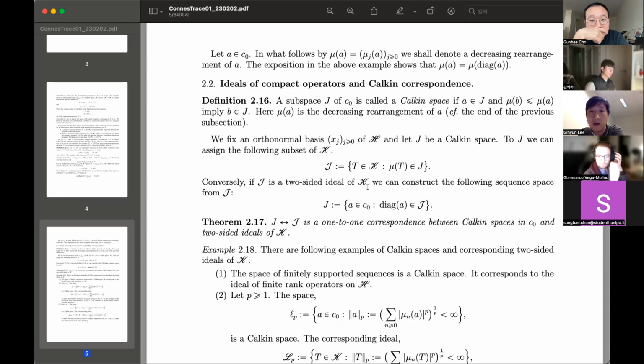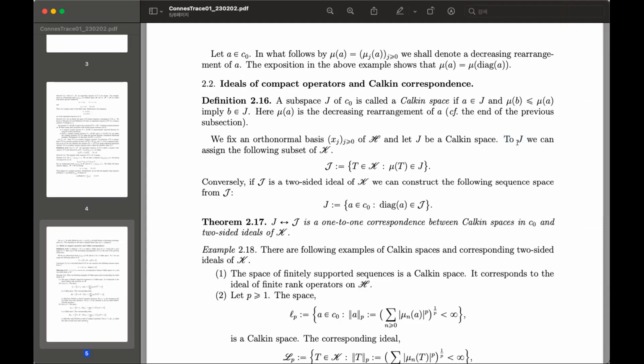So in this way, we can associate a sequence space to a two-sided ideal of K, and conversely, given a Culkin space inside C0, we can associate a two-sided ideal, a subset of K, in this way. Given a subspace J of C0, consider the set of compact operators whose singular value sequence belongs to the given Culkin space.